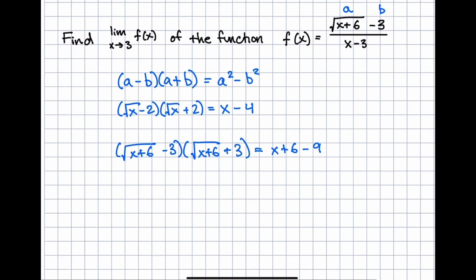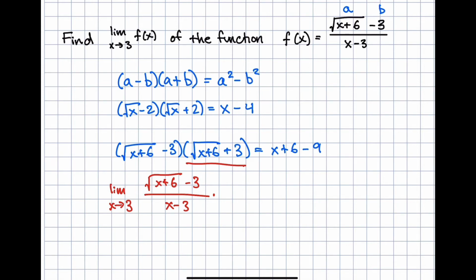So I'm going to rewrite this limit, and I'm going to say we're going to be solving the limit as x approaches 3 of the square root of x plus 6 minus 3 divided by x minus 3. I'm going to multiply this term on both the numerator and the denominator. Now this term is called the conjugate. If you're working with a minus b, the associated a plus b would be the conjugate.